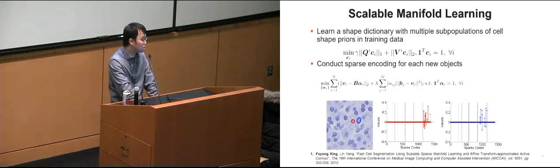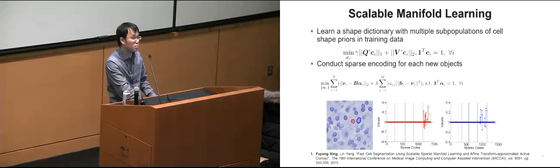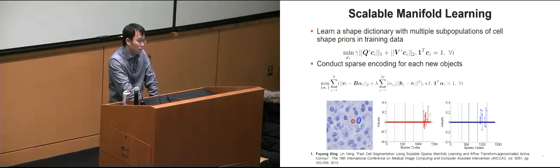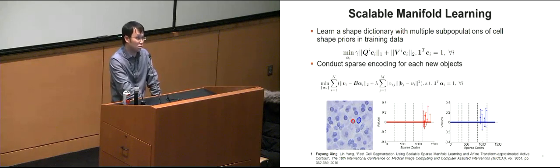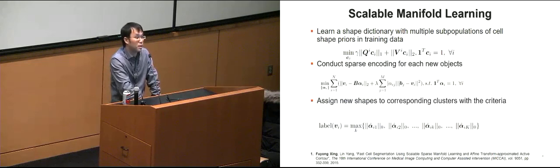For example, for these two objects, obviously the shapes are very different. Actually, when you do the sparse encoding, they use very different dictionary bases for the reconstruction. And this provides very important information for us. We can use this kind of information to determine which cluster this object belongs to, by calculating the maximum non-zero elements in the sparse codes.